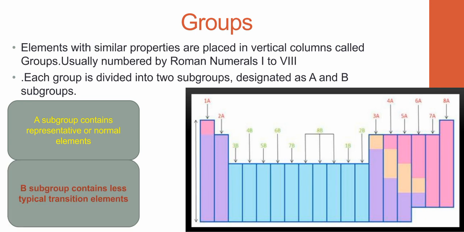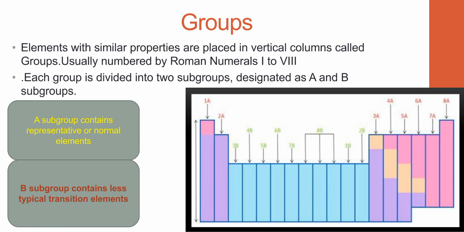While B subgroups contain transition elements, and जो transition elements हैं, इनके valence electrons d और f orbitals में होते हैं. And why they are called transition elements? Because they have properties intermediate between s and p block elements.